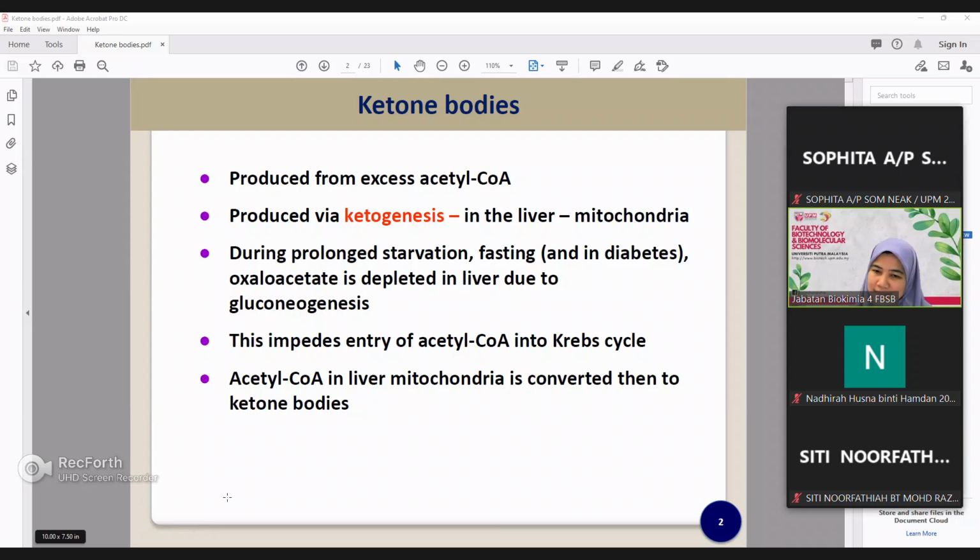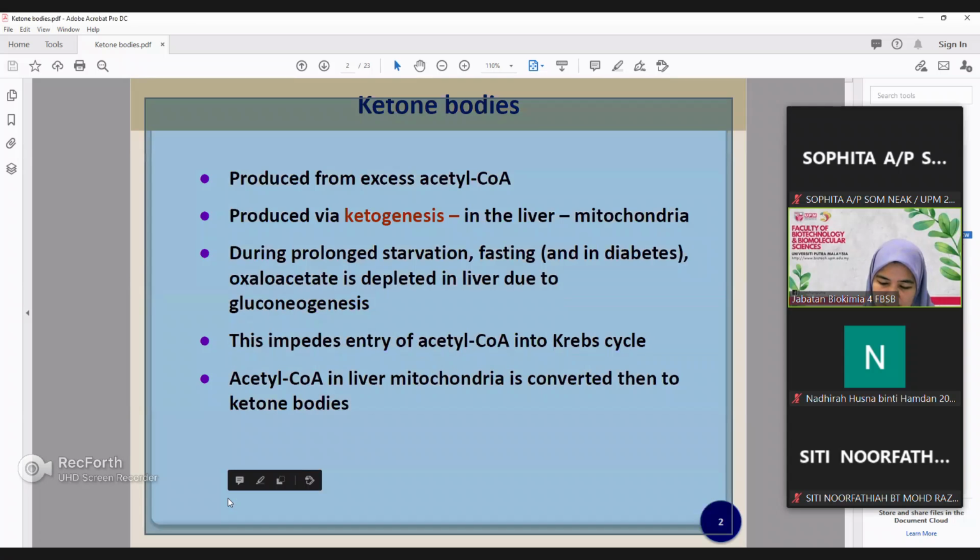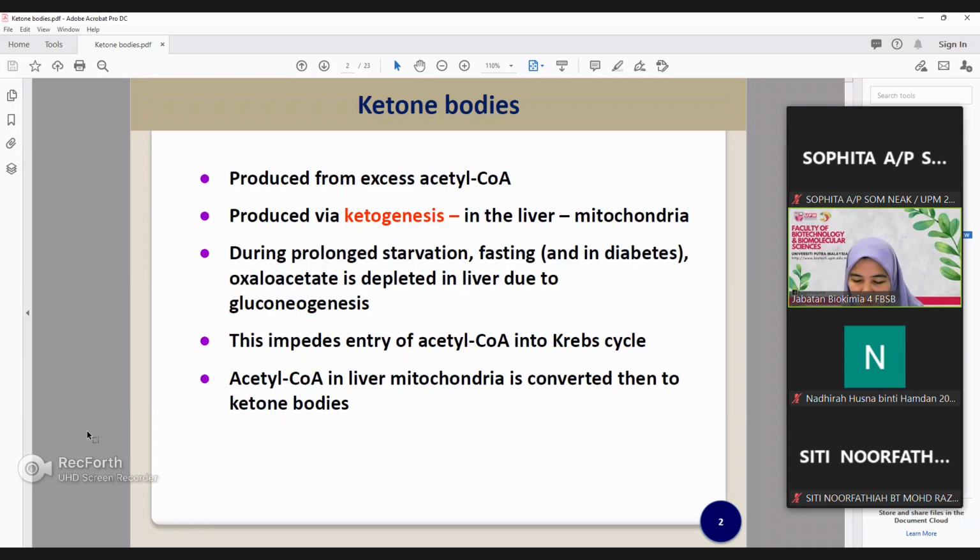So the acetyl-CoA produced by oxidation of fatty acids can be further oxidized via the citric acid cycle. However, it can still undergo ketogenesis in certain conditions that trigger the ketogenesis mechanism.